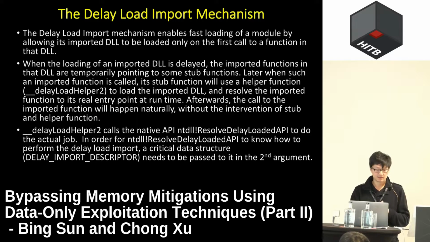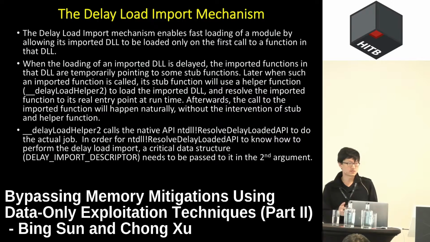Later, when the imported function is called, its stub function gets called first, and it will use a helper function to actually load the imported DLL and resolve the imported function to its real entry point. After that, the call to the imported function can go naturally without the intervention of the stub function.